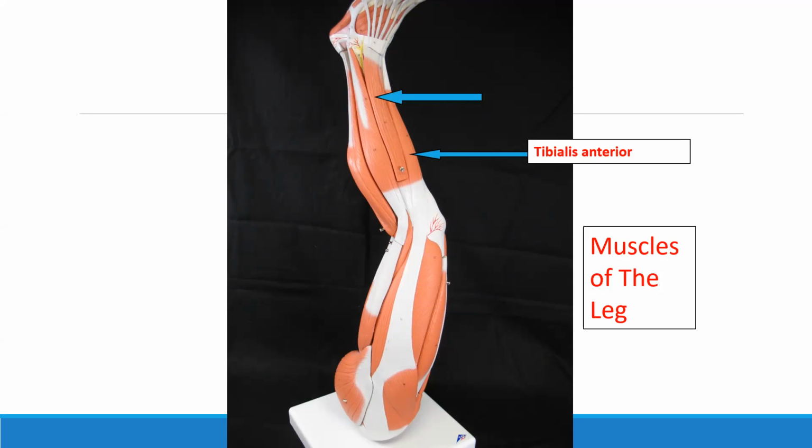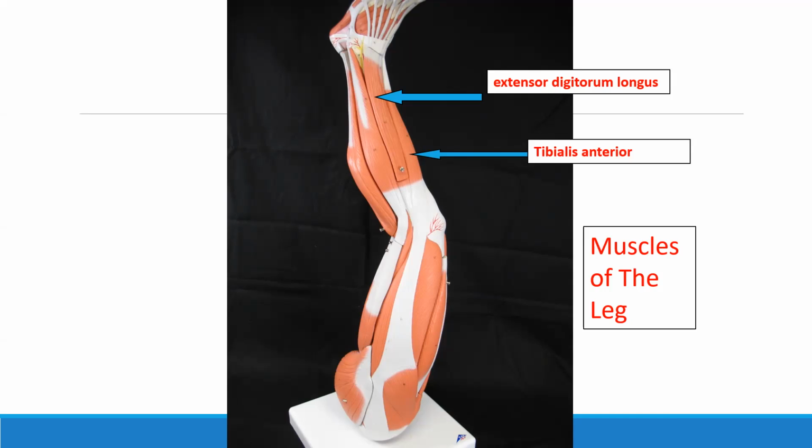Adjacent to the tibialis anterior is the extensor digitorum longus. The extensor digitorum longus causes our toes to splay out when we step down. And we're not aware of this. Unless you walk around looking at your feet, if you're barefoot and you watch how you're walking, you won't see it.